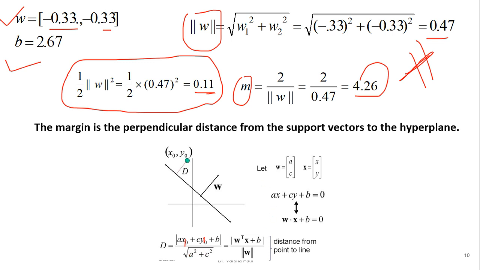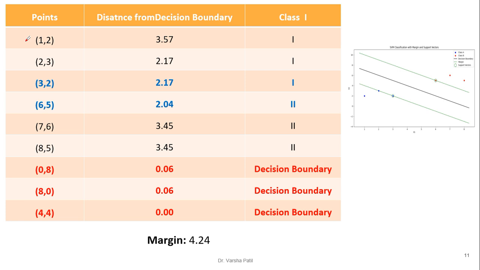Now we will see this for our example. These points are there, and here I added these points because the line equation is x plus y equal to 8. So (0,8), (8,0), (4,4) will lie on the decision boundary.